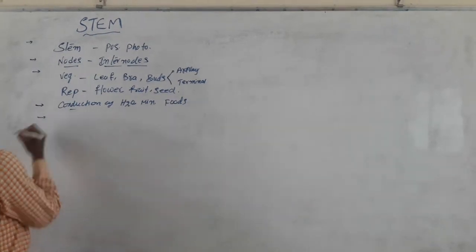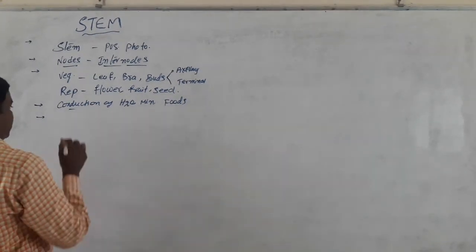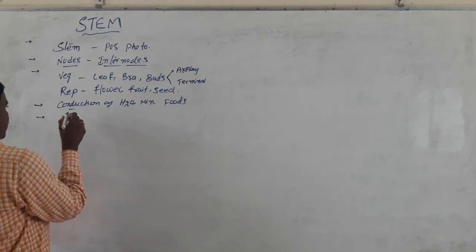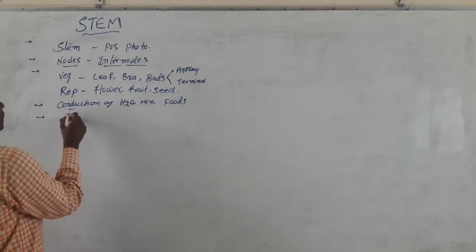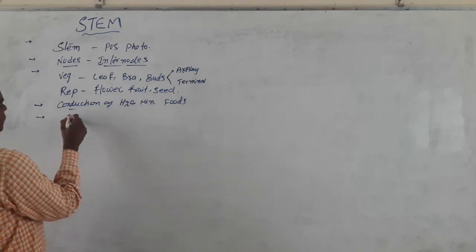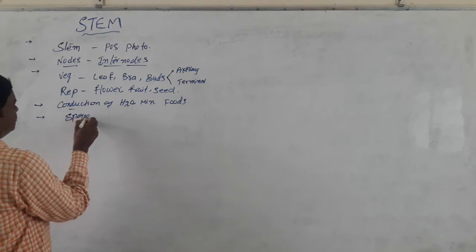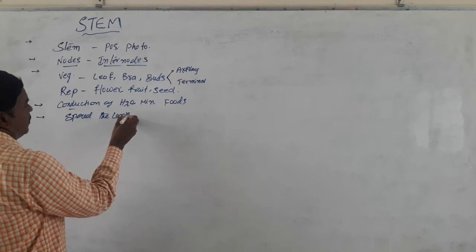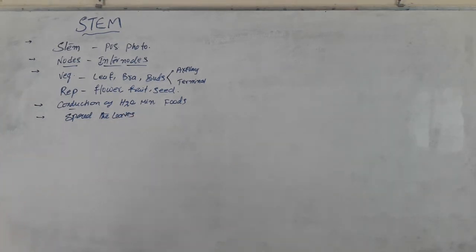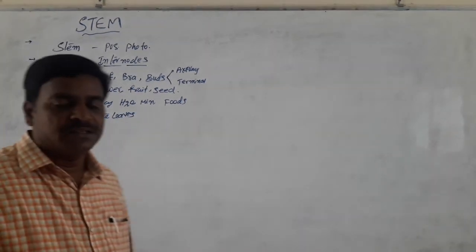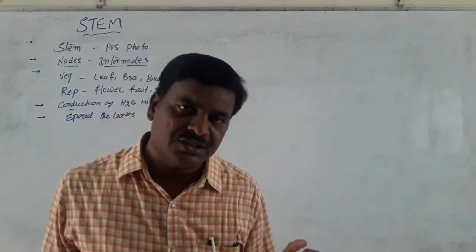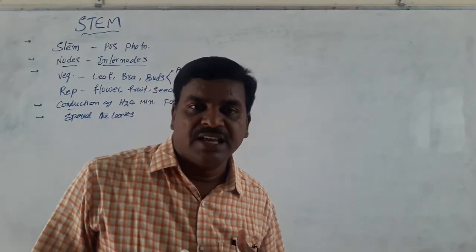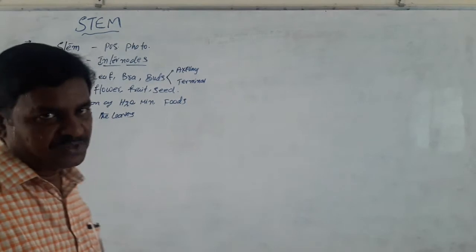At the same time, stems also play a very significant role in spreading of leaves. The stem is divided into a number of branches, and these branches help in the spreading of foliage to proper sunlight.